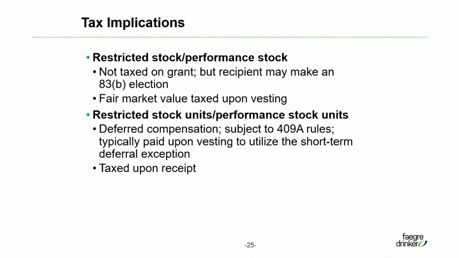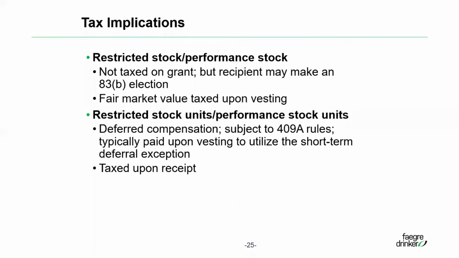But you want to be careful whether you make or don't make the election, because once you make the election, it's not reversible. So let's say you get a restricted stock grant which says, okay, if you stick around for 3 years, then you have the ability to transfer the stock. And at grant, you make an 83(b) election, you pay the taxes on the value of the stock at grant.